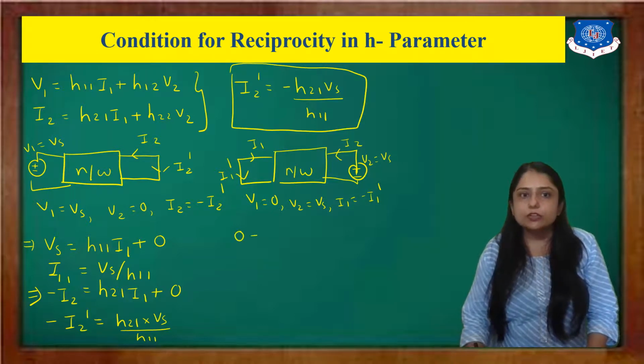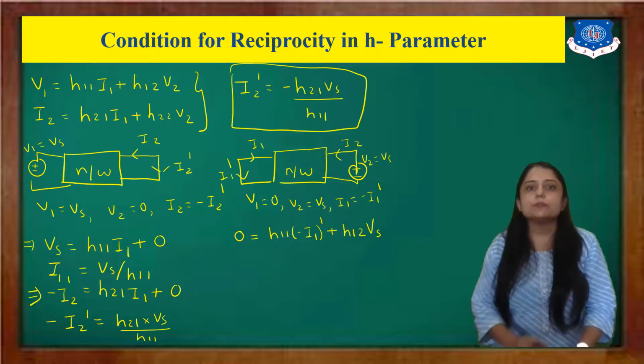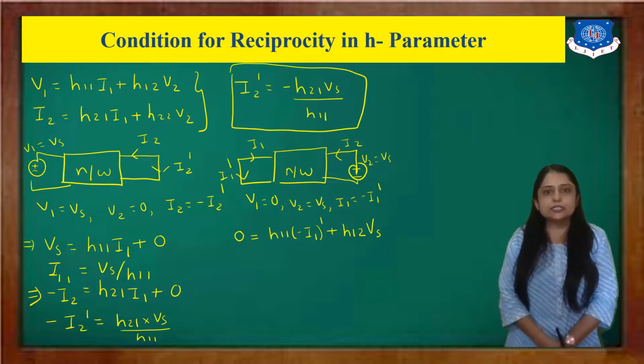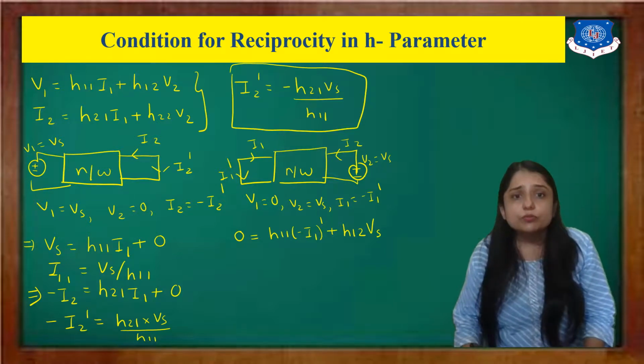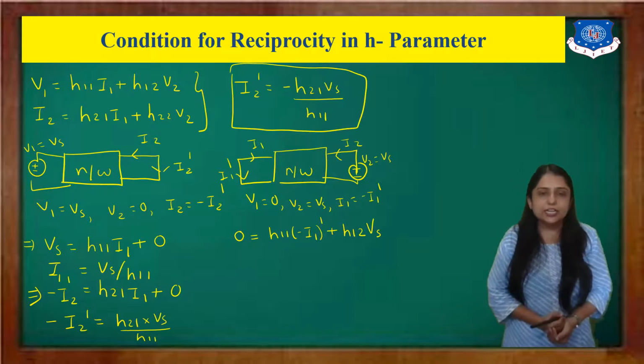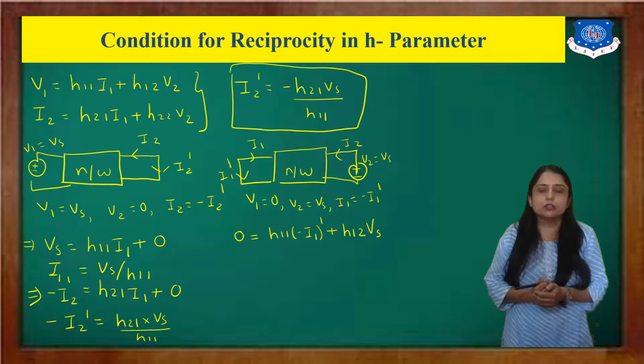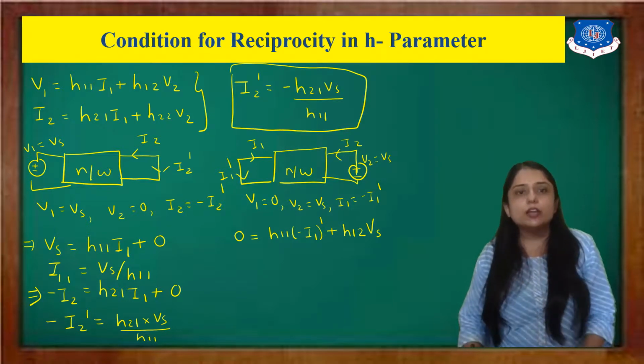Then V1 that equal to 0, H11 into minus I1 dash plus H12. In place of V2, what I have to substitute? That is Vs. See here, from this equation, directly I will get the value of I1 dash in terms of H and Vs. So no need to put all this value in the second equation.